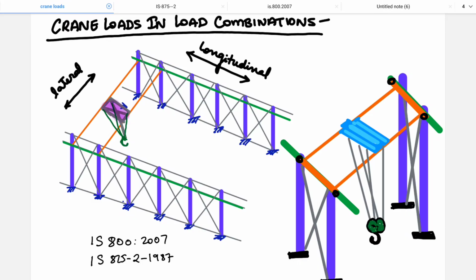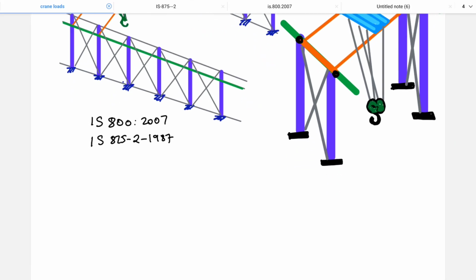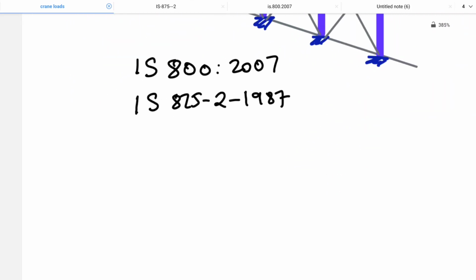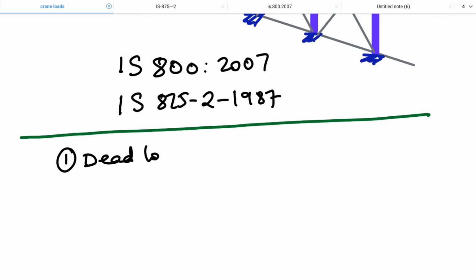So what can be the various loads that are there on a building? Let's list out all the loads. Number 1, dead load, DL. Number 2, superimposed dead load.